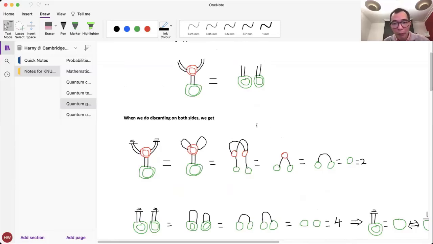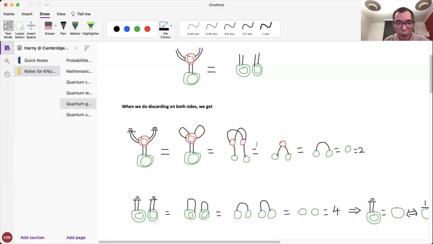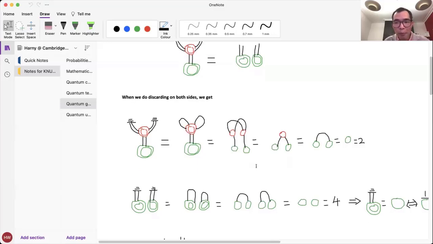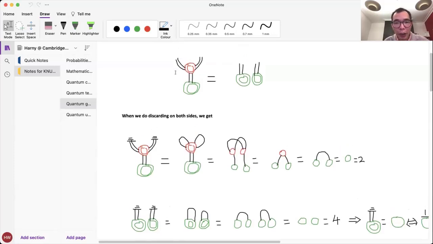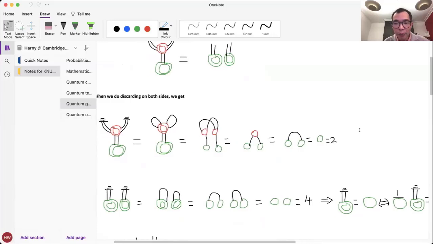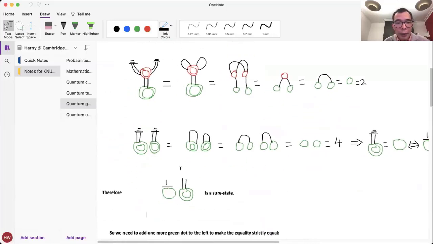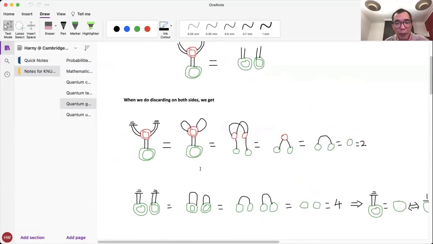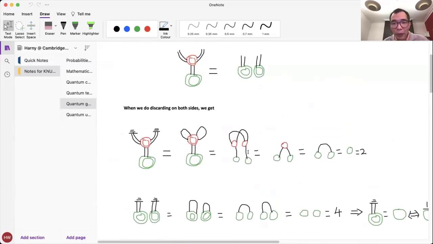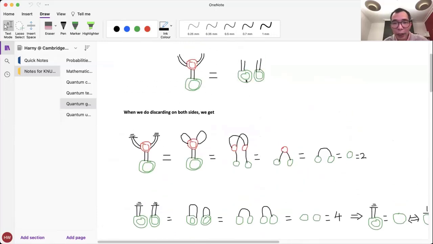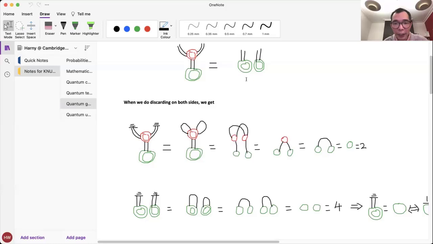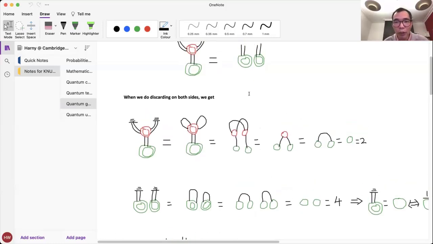The idea is the same as we did before, right? We just modify it with a number. Here we get 2, and here we get 4. That means we want to multiply by 2 here, so we need to let this side become smaller.